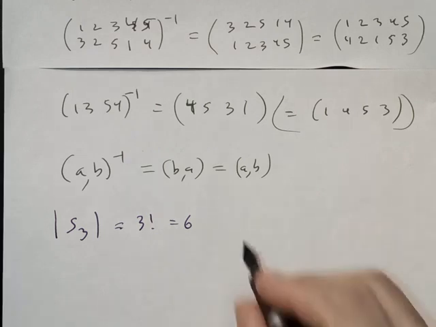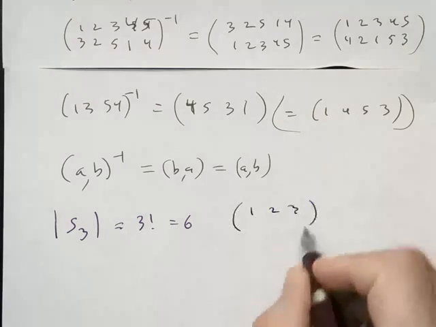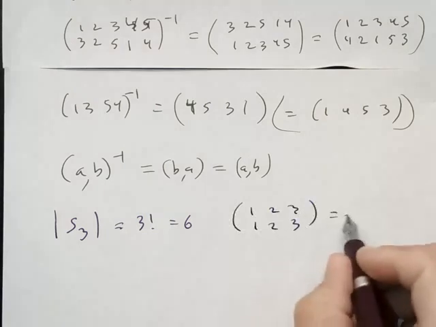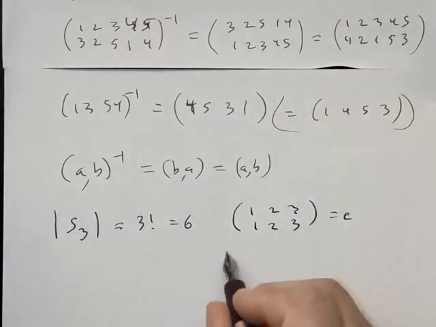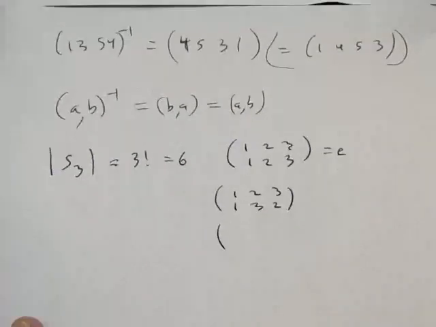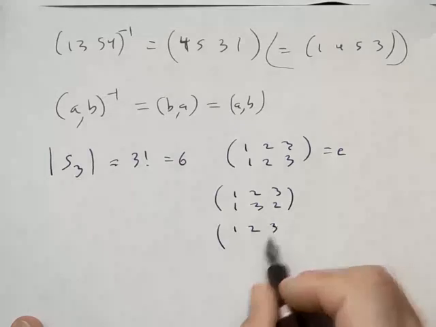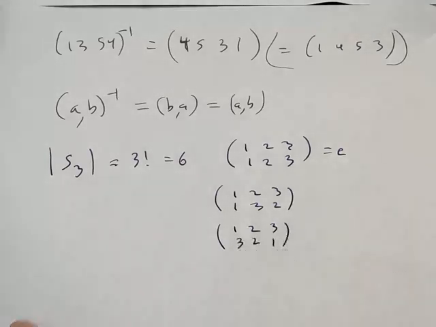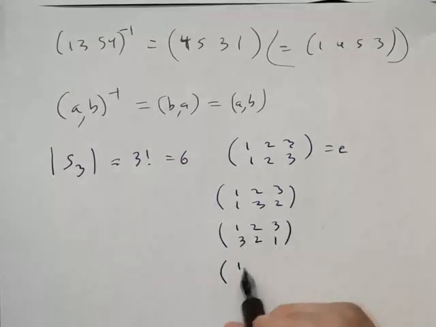I can write them in two-row notation. There's the identity. I can write that one, this one, and that one.